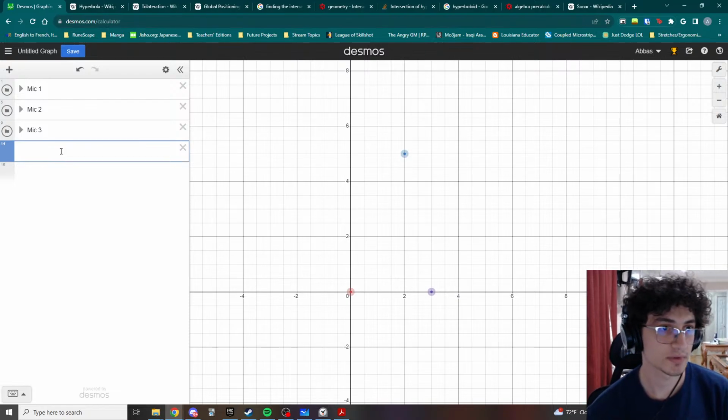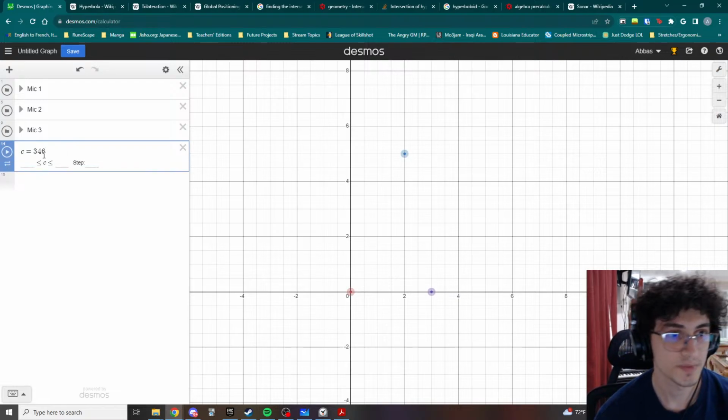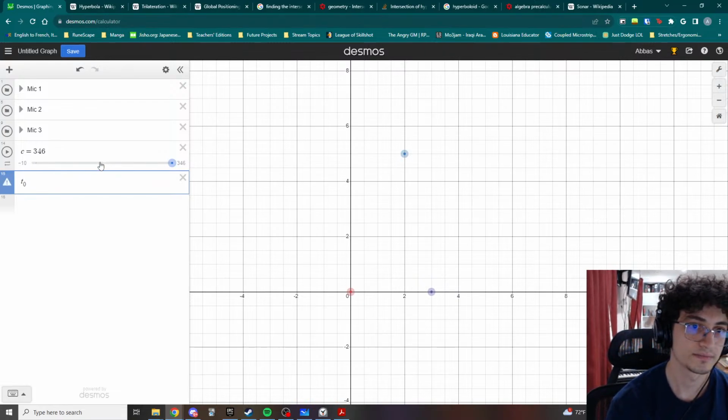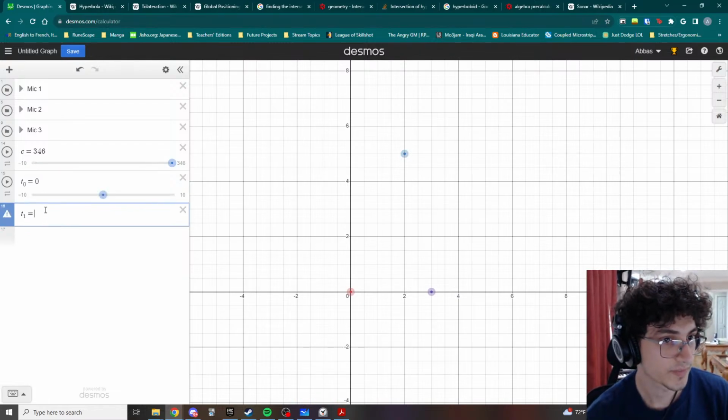So for example, we know that the speed of sound in air is 346 meters per second. Let's say that time 0 is equal to 0. Time 1: we know when the speaker plays.